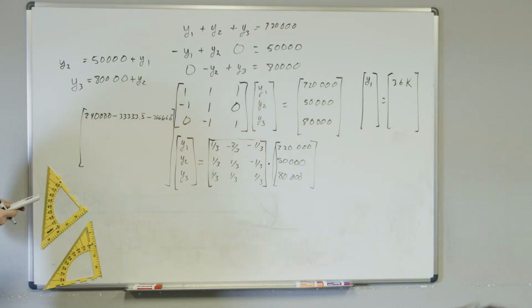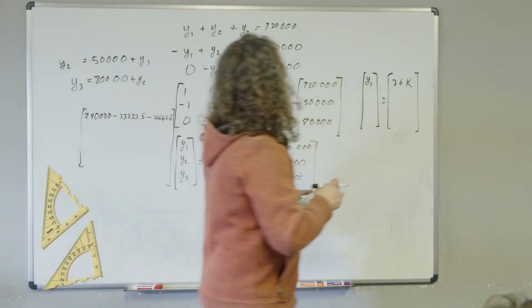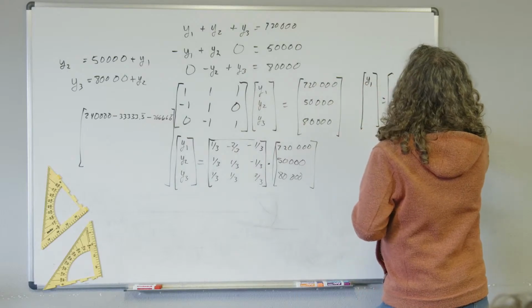Minus 1. No. Yeah, 100,000 divided by 3 minus 80,000 divided by 3. 180,000. I don't know how I got 36,000.